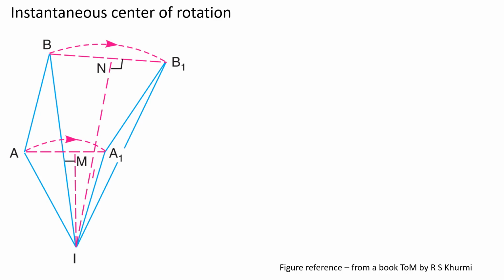of link AB. The position of link AB changes with time. Hence, instantaneous center of rotation about which link is assumed to rotate will also change with time. Locus of this moving instantaneous center is called centroid.